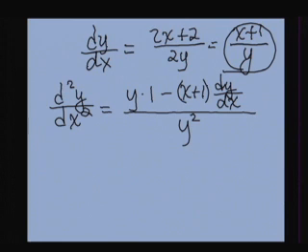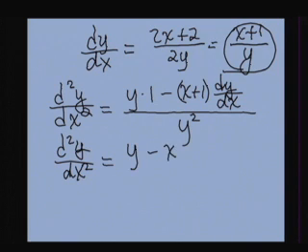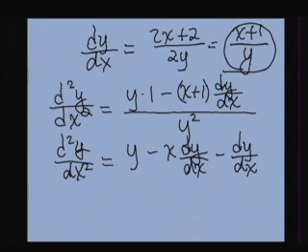Let's simplify that a little bit so that we have d squared y/dx squared, and that's going to equal y minus x dy/dx, minus 1 times dy/dx, all over y squared.